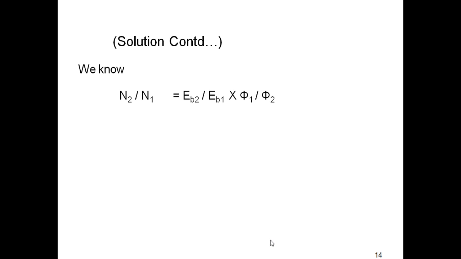And we know that from the back EMF equation, EB is equal to PhiZNP by 60A. We can write N2 by N1 is equal to EB2 by EB1 into phi 1 by phi 2.